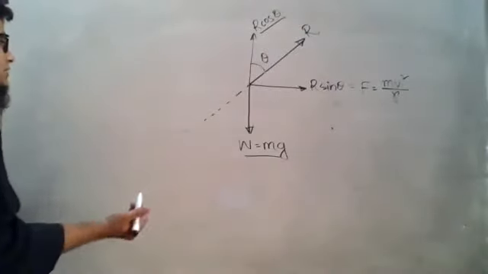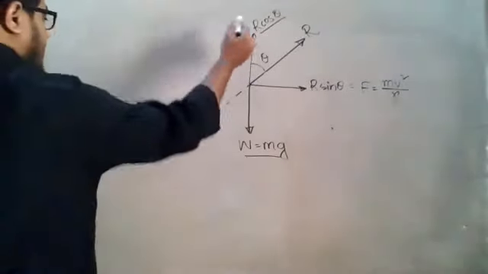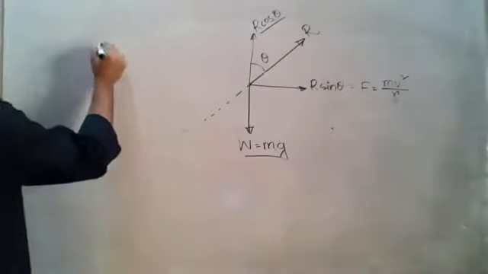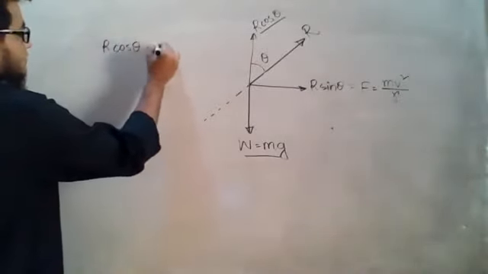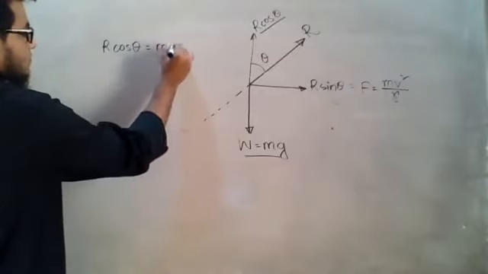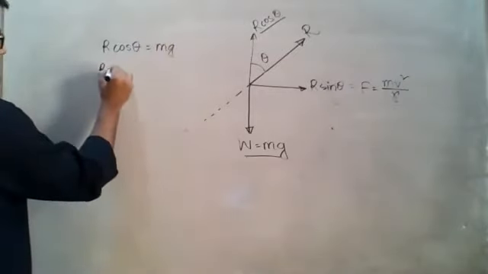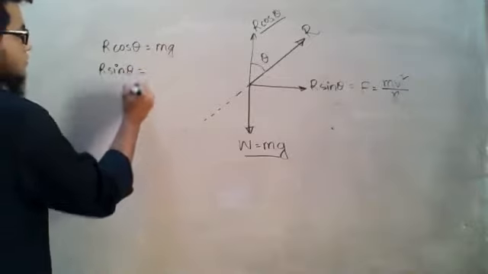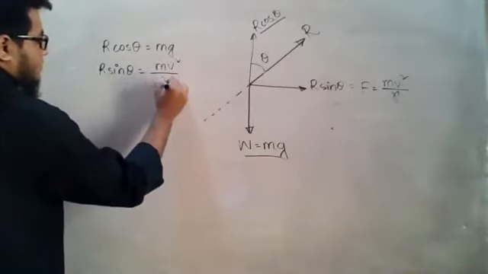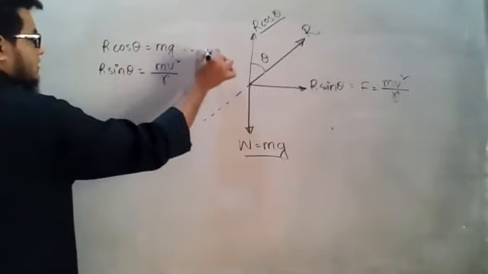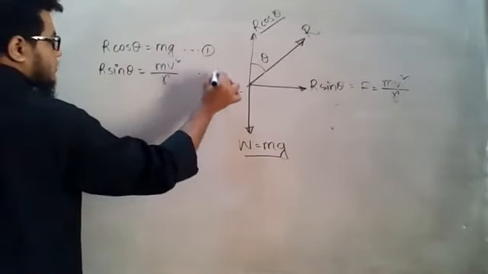Now from here, I can write two equations. That r cos theta will be balancing the w, that is the weight. So r cos theta is equal to mg. And r sin theta is equal to mv square by r. So I can consider this one as equation 1, this one as equation 2.